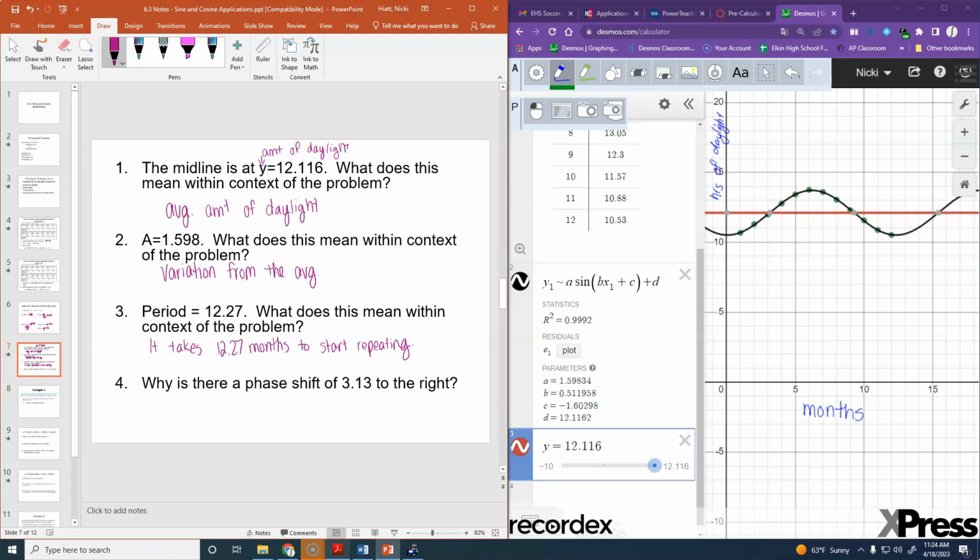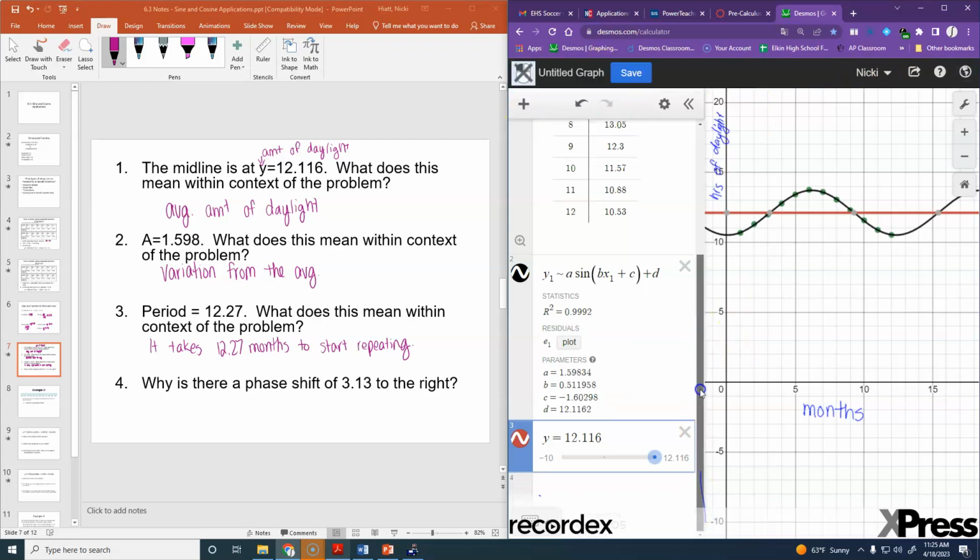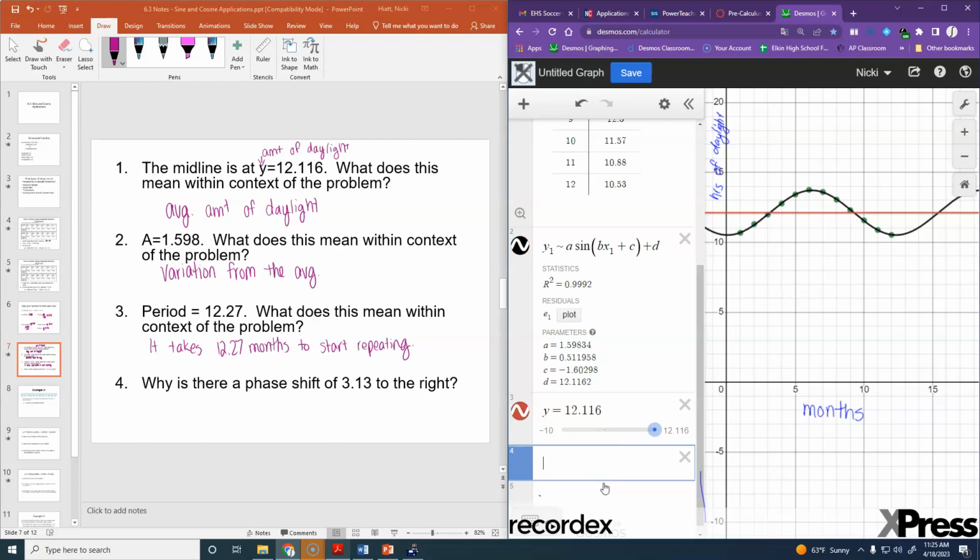All right, Y is their phase shift of 3.13 to the right. Okay, to think about this, let me graph what this line would look like if we did not have a phase shift.